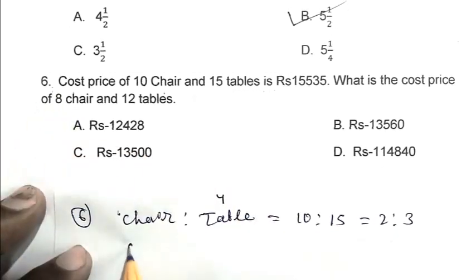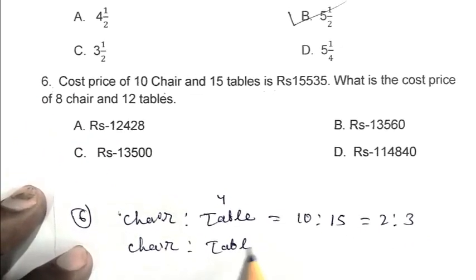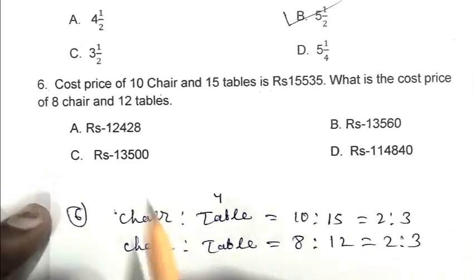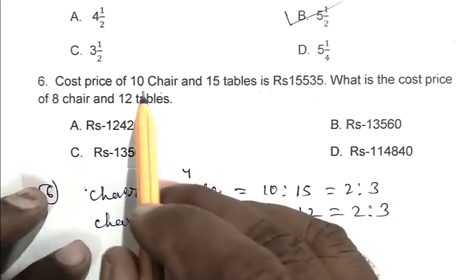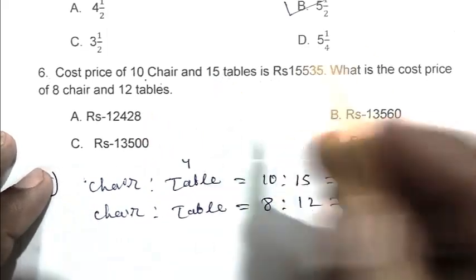Here 8 is to 12, that is 2 is to 3. So the ratio of chair and table is the same. So we have to count only chairs. The table is counted automatically.